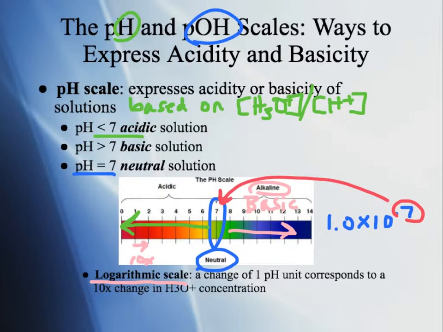For example, if we have a pH of 1, that means we've got 100 hydrogen ions, and we go to pH 2, well, it's 10 times. We're becoming more basic going that way, so it's going to be only 10 hydrogen ions versus 100. So it's a 10-fold increase or decrease depending on which way you're going with the scale. But any change of 1 pH unit corresponds to a 10 times change in hydrogen ion concentration.